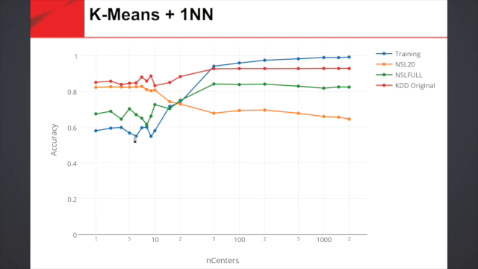But it's very interesting that the NSL20 dataset is pretty high at first, but slowly drops when the number of centers increases. I think that's because the NSL20 dataset is distributed differently from the training set.